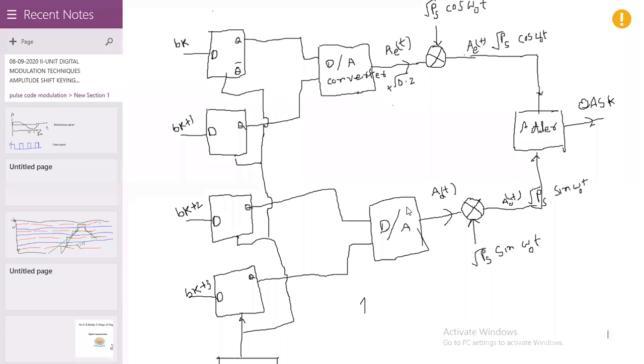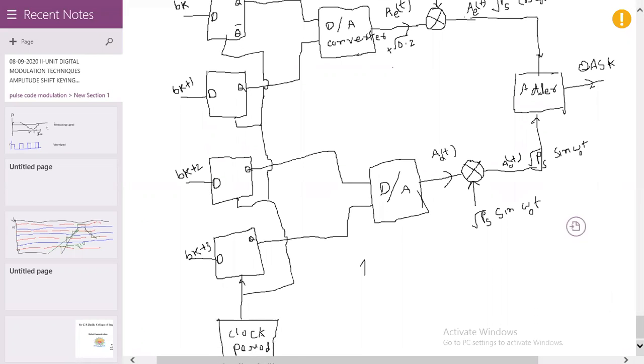Here we can observe that the equation also resembles PSK, phase shift keying, quadrature phase shift keying. The angles can also be allotted according to that, since it is quadrature amplitude shift keying.